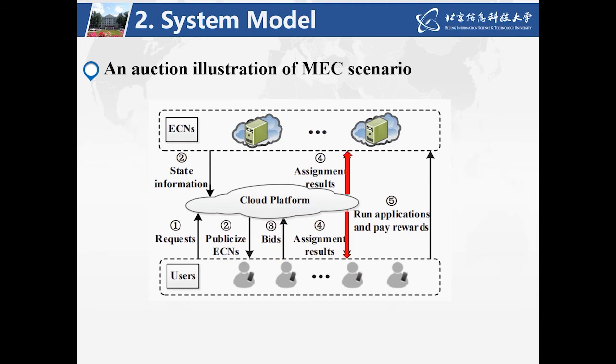Based on the bids and the requests from mobile users, the platform determines the winners of the auction, makes the scheduling decision for the winners, and computes the corresponding payments. Finally, mobile users upload the input data to the edge computing nodes to run their tasks and then pay the corresponding rewards.